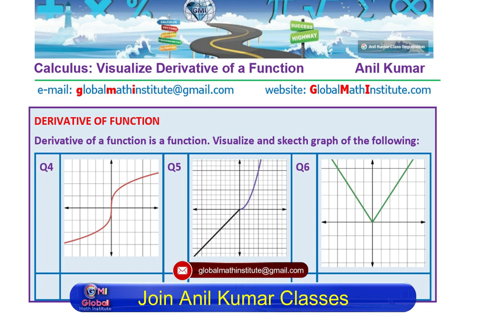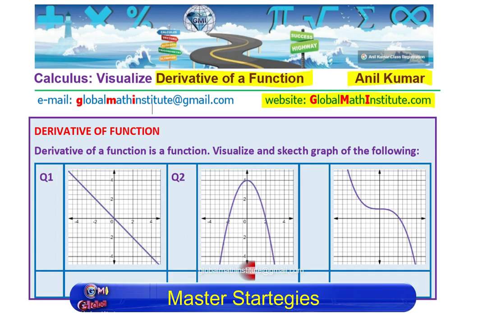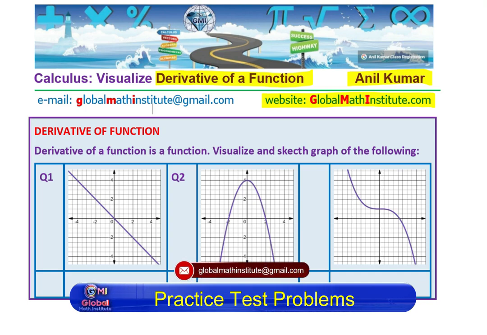Now, let us look into the details of sketching the graph of the derivative of a function. Beginning from the very first one, let's understand that the derivative of a function is basically representative of a tangent or gradient or slope at a particular point on the graph.